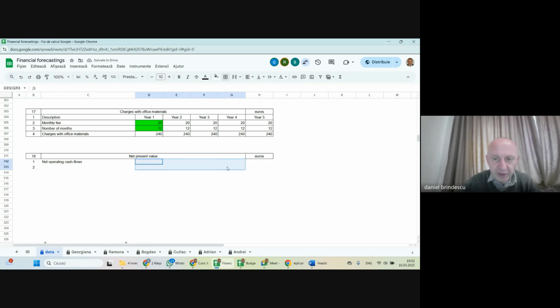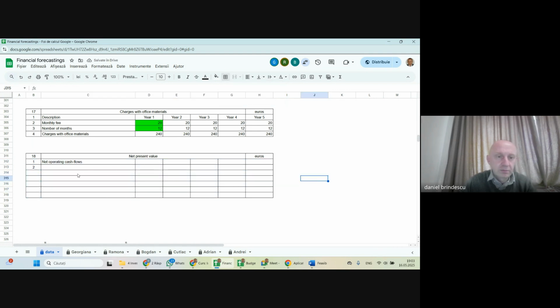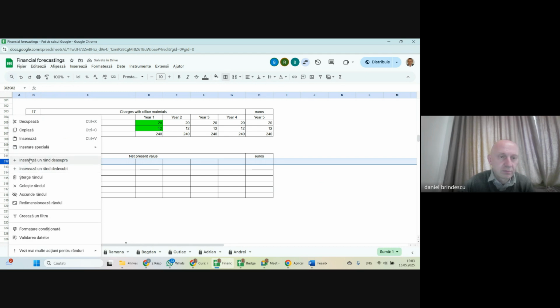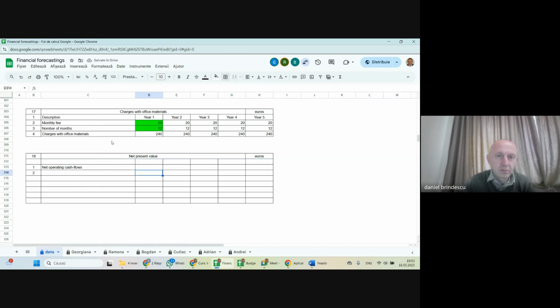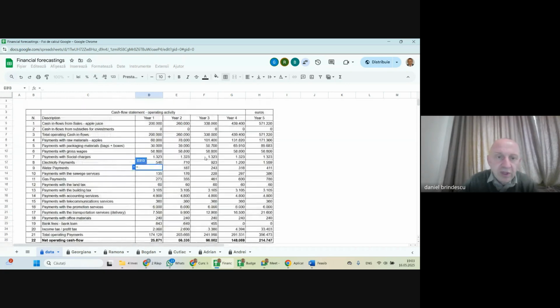I'm starting with the net operating cash flows. And I'm connecting the table to the cash flow statement.